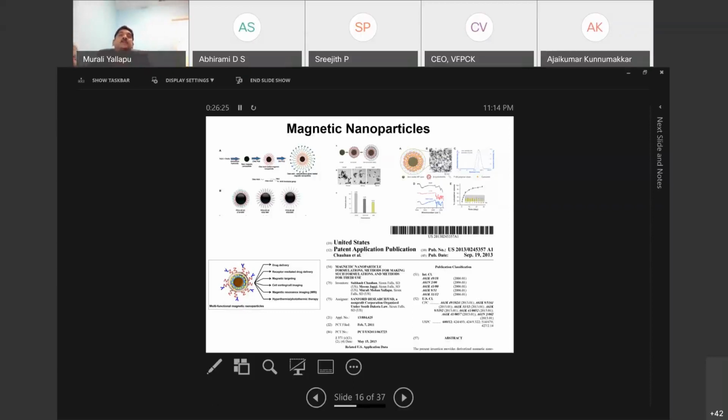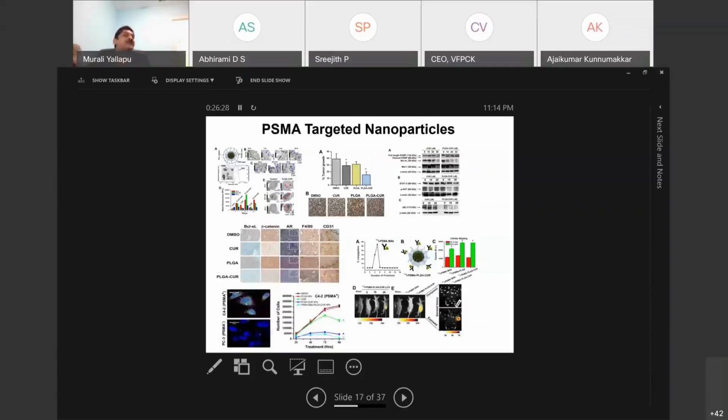These we can apply for various indications. As I mentioned before, if you can choose any targeted moiety, proteins that exist on the tumor cells, you can deliver more efficaciously if you take any of those antibodies.